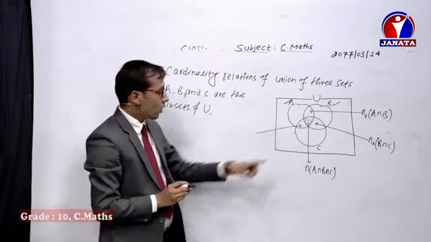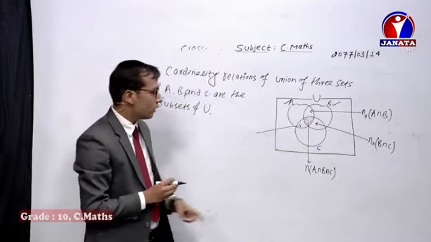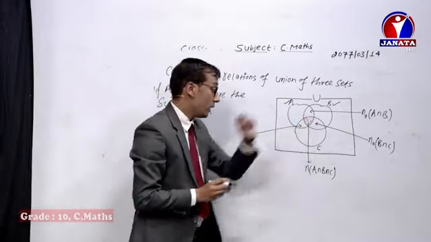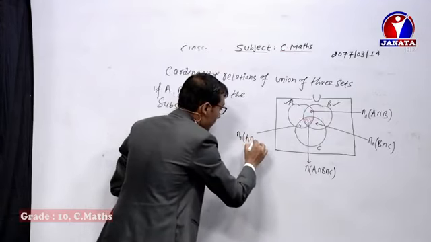This is the common region of A and C, but this is not the region contained by B. So this is n only A intersection C.